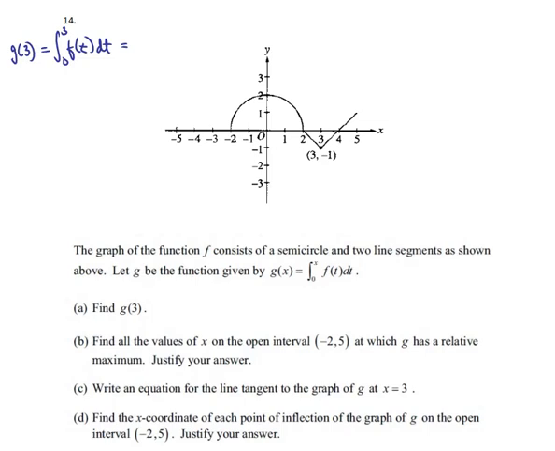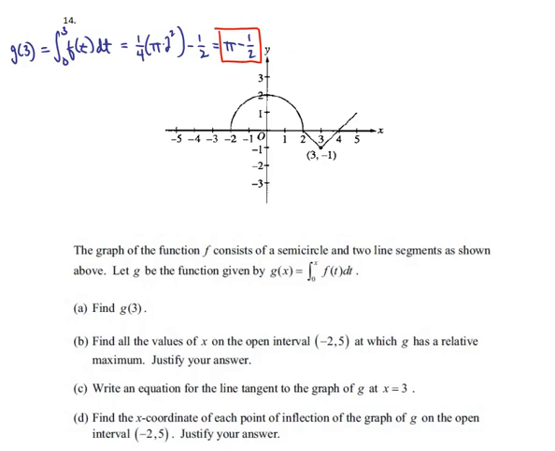That is a quarter circle of radius 2, so 1/4 of pi times 2 squared, and then we have a triangle of base 1, height 1, so that would be area 1/2, but since it's below the x-axis, that'll be a negative 1/2. And so we end up with pi minus 1/2. And that is the answer for part A.